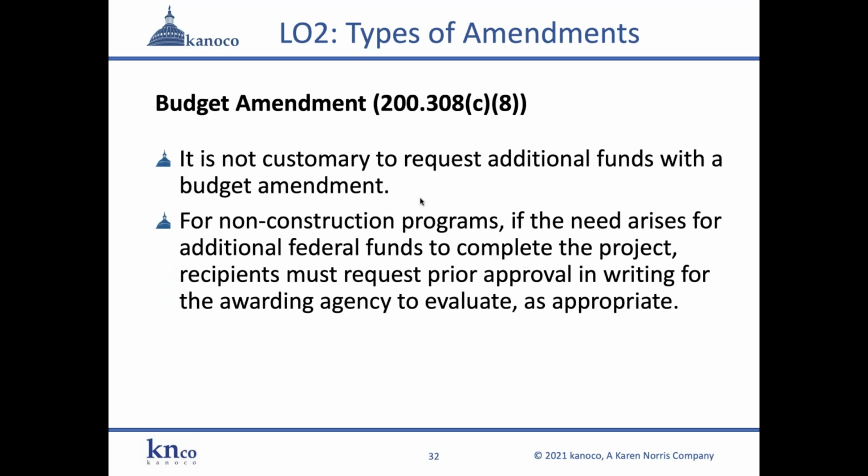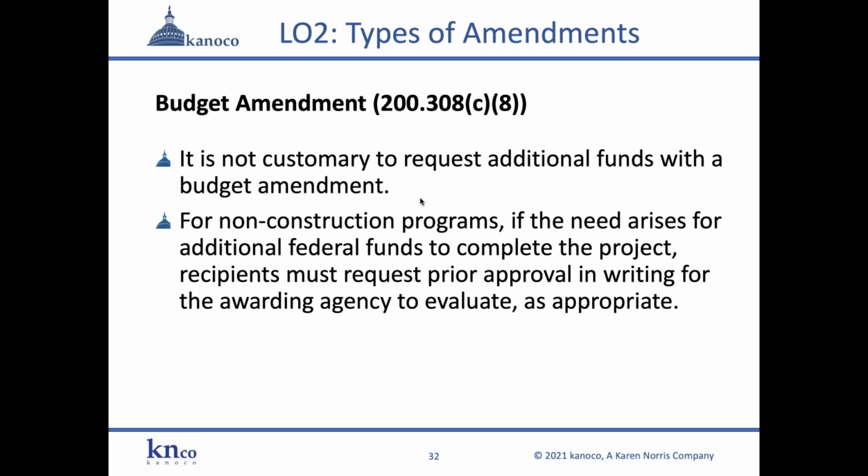The budget amendment is defined at 200.308(c)(8). Now, this is the provision in the uniform guidance that warns you it is not customary to request additional funds with a budget amendment. You know that you've got the amount of money in your award agreement. You can move the money around, but we're not expecting you to request additional money.